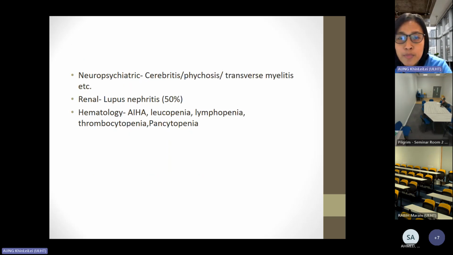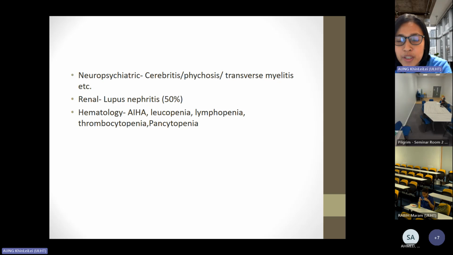And in terms of neuropsychiatric manifestations, it can affect almost everywhere in the nervous system: cerebritis, aseptic meningitis, lupus psychosis, vasculitis and stroke, transverse myelitis, mononeuritis multiplex, peripheral neuropathy, everything. The most common manifestation is lupus nephritis, which can be seen in 50% of SLE patients.